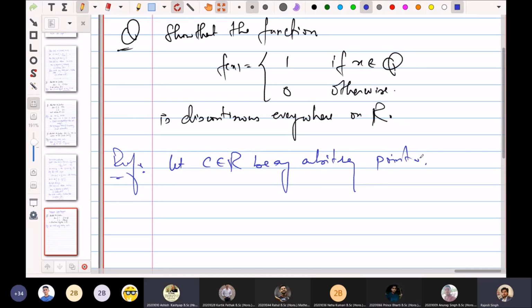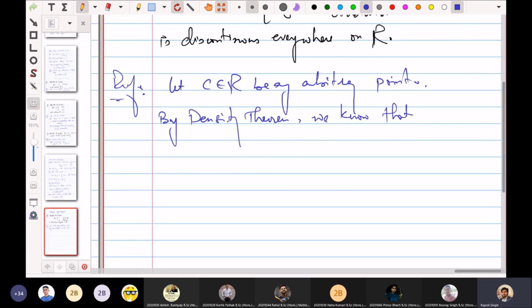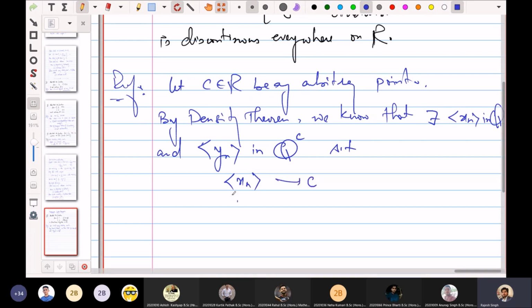सर रेशनल और इरेशनल में एक सीक्वेंस एग्जिस्ट करेगा जो कि c पे कन्वर्ज करेगा. Yes, by density theorem we know that there exists sequence xn in Q and yn in Q complement such that xn converges to c and yn also converges to c.